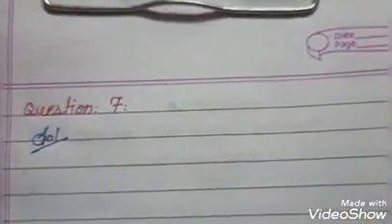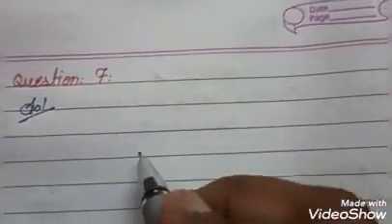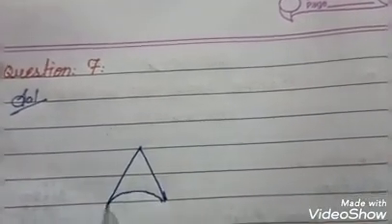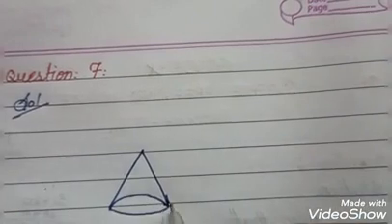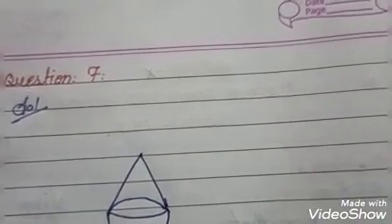Question number 7, solution. First I have to draw the diagram. Here in this question, 3 different types of shapes are there. First, the solid is a combination of a cone and a hemisphere. This is one of the diagrams.